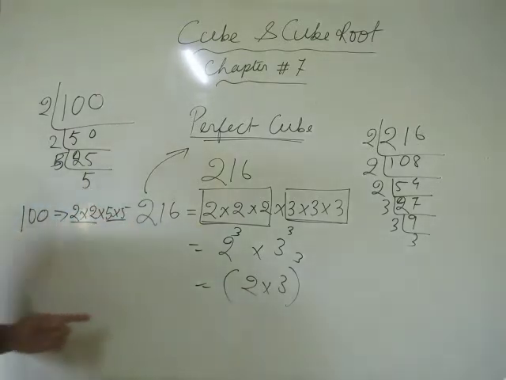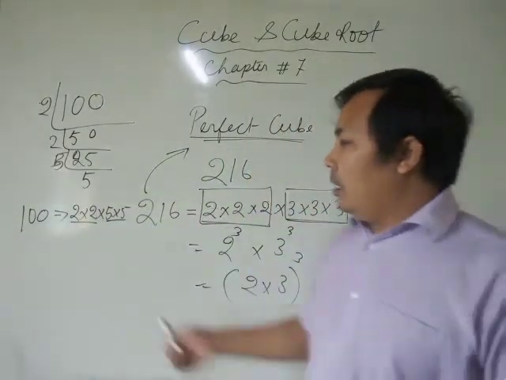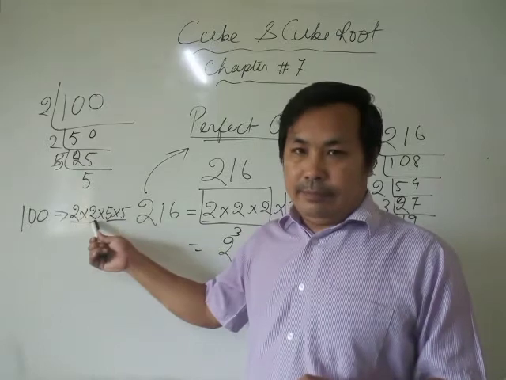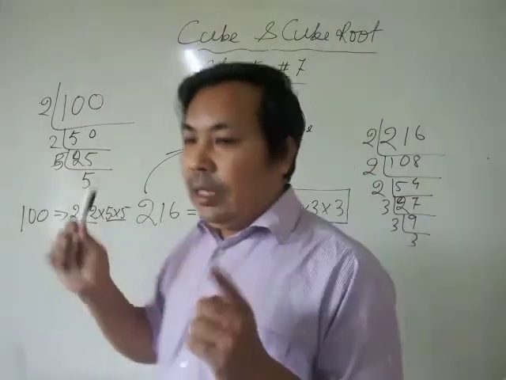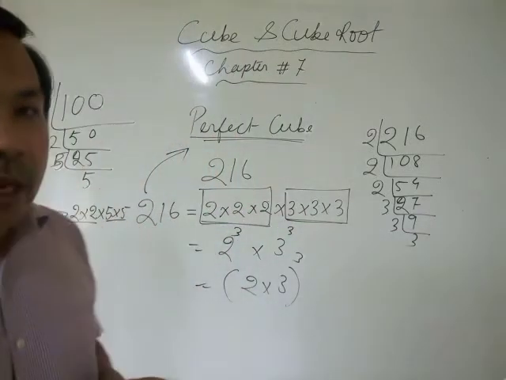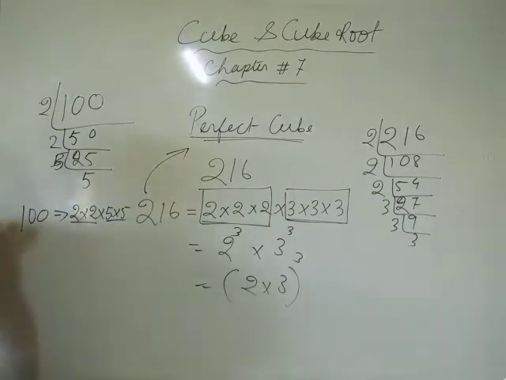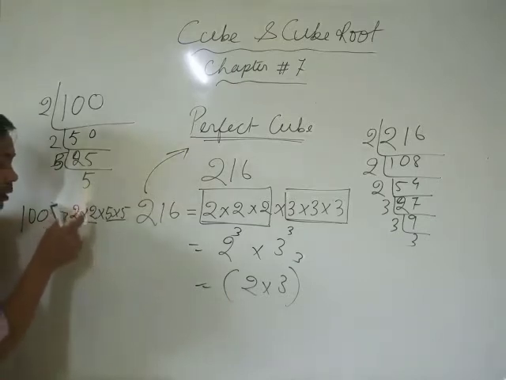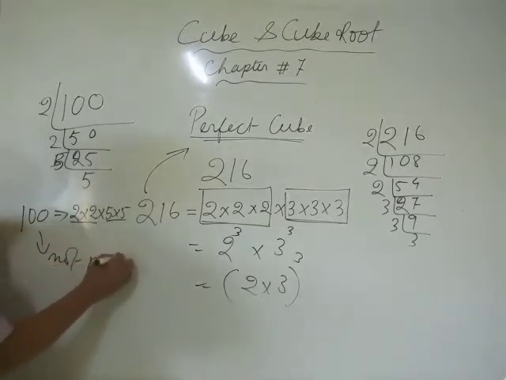But in this number 100, the prime factors are repeated only 2 times, isn't it? So what happens? We cannot pair its prime factors in groups of 3, because each appears only 2 times. So this 100 is not a perfect cube.